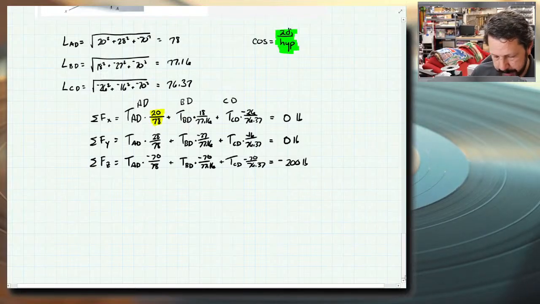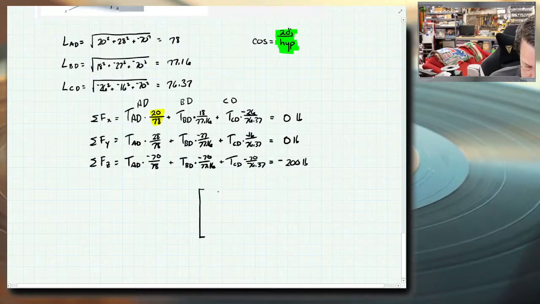I got this as my answer. I got a matrix as my answer, the way that this works. And I got 90.347, 36.833, and 93.284.